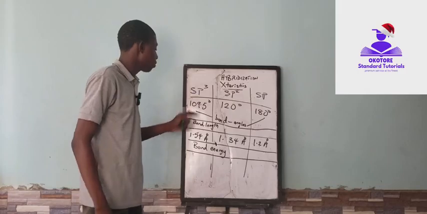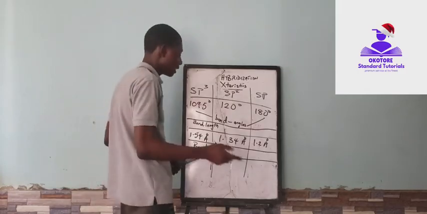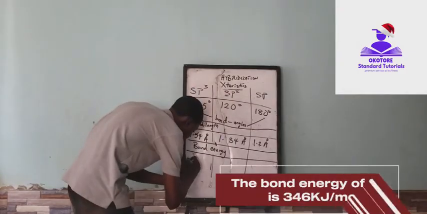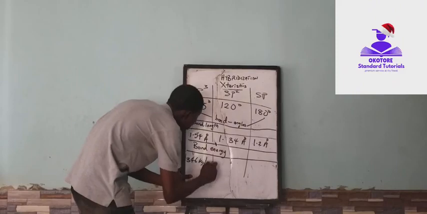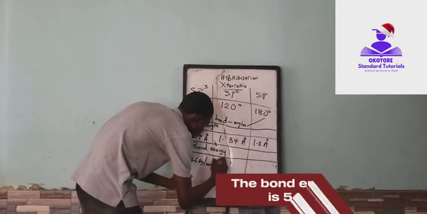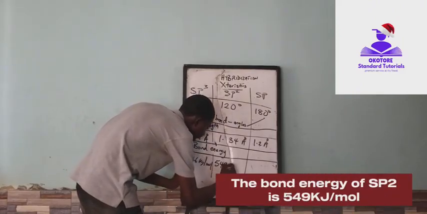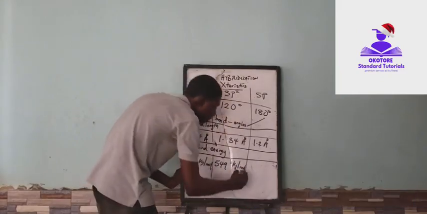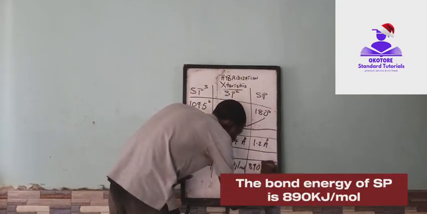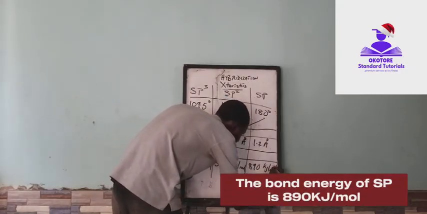So what's the bond energy for sp3? That will give us 346 kilojoules per mole. Bond energy for sp2, 549 kilojoules per mole. Bond energy for sp, 890 kilojoules per mole. Are we clear about that?